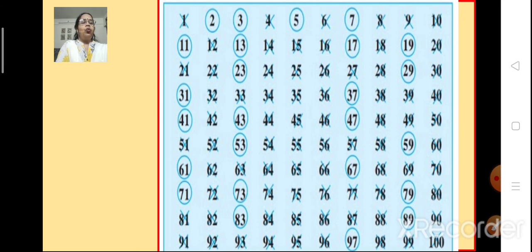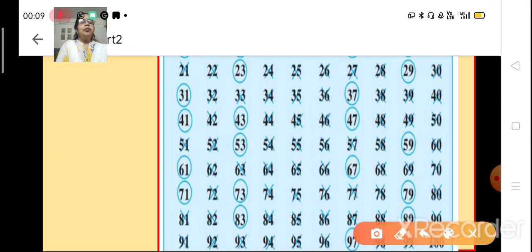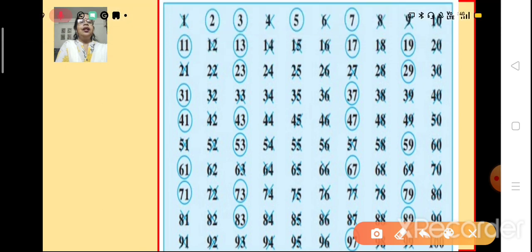Here number 1 is crossed out, and the encircled numbers like 2, 3, 5, 7, 11, 13, 17, 19 are all prime numbers.